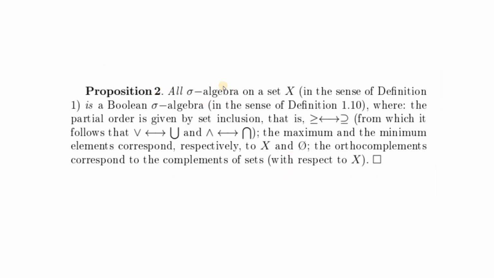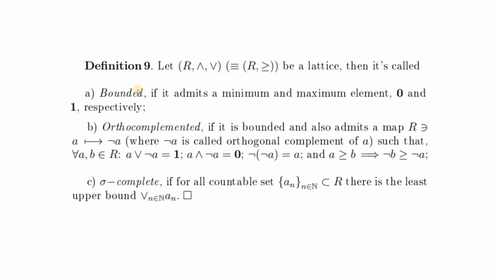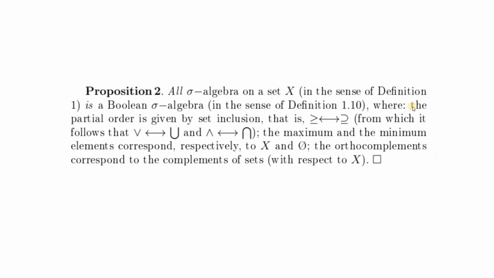Now, the following proposition will be very important. Every sigma algebra on a set, in the sense of our first definitions, is a Boolean algebra, where a Boolean algebra is a distributive lattice that satisfies these properties, where the partial order is given by set inclusion.